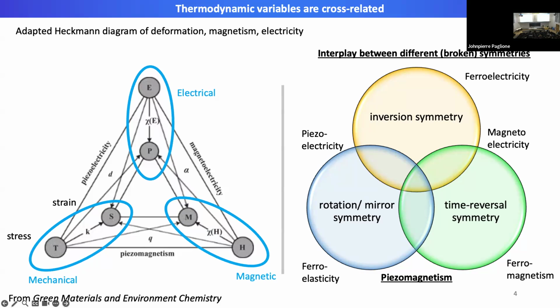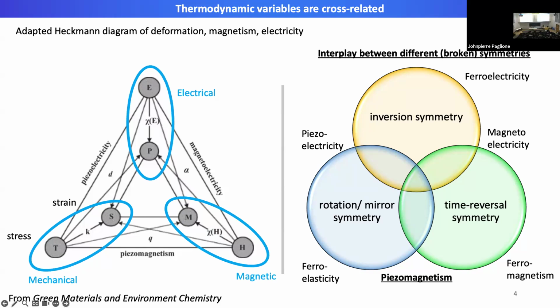And the magnetic properties of materials are very closely related to time reversal symmetry, and the global breaking of time reversal symmetry is going to give us ferromagnetism. For the mechanical properties, this part would be related to the rotation or mirror symmetries, and we'll see examples of those as we proceed.